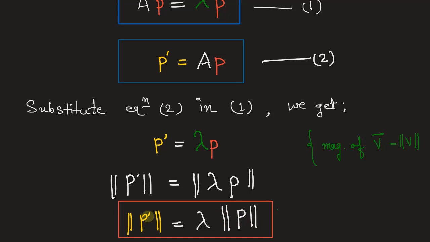So the magnitude of P prime is equal to lambda into magnitude of P vector.